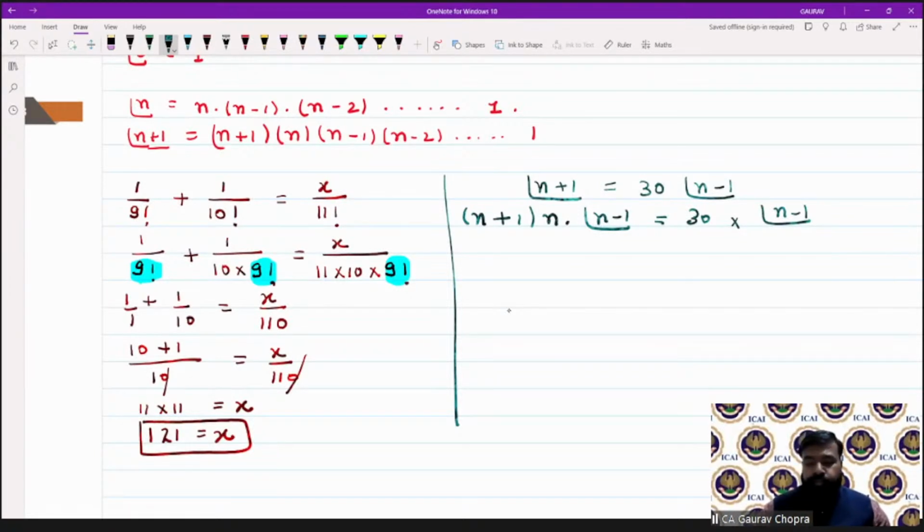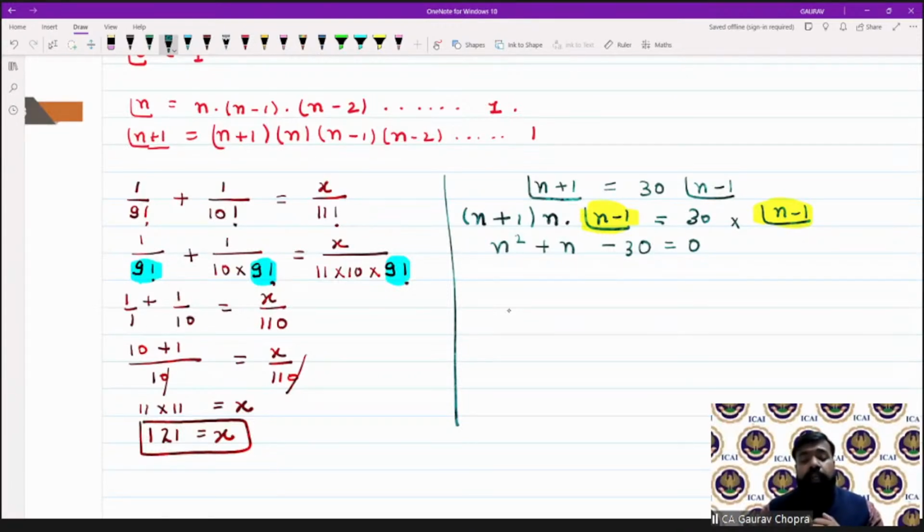And it is equal to 30 times factorial n minus 1. Now we can cancel factorial n minus 1 on both the sides. This will get cancelled. So what is left? N square plus n minus 30 is equal to 0. Okay. Now this becomes a quadratic equation, and we have already completed quadratic equations. So we can solve this using the splitting method or the quadratic formula, whichever you like.